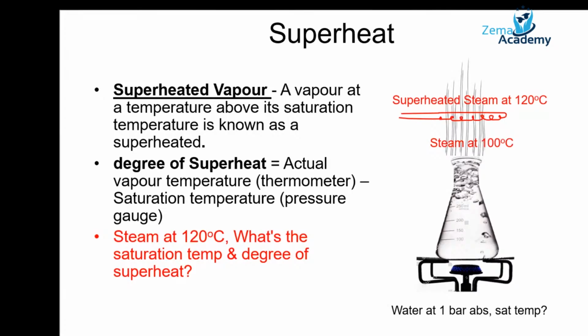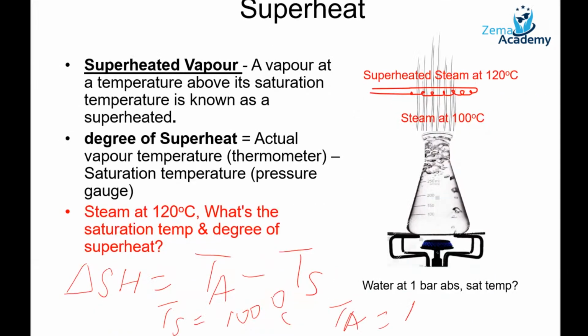We can calculate our degree of superheat: degree of superheat is equal to actual temperature minus Tsat. One example: we have water boiling. The steam is at 100 degrees C and the superheated steam temperature is 120 degrees C. What is the saturation temperature and what is the degree of superheat? T actual is 120 degrees C, and therefore degree of superheat is 120 minus 100, which is 20 degrees C.